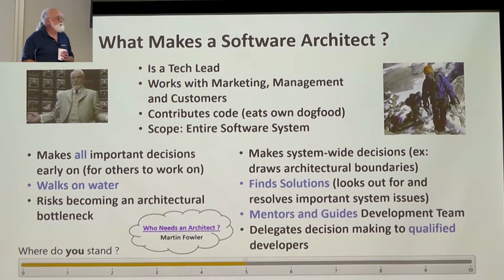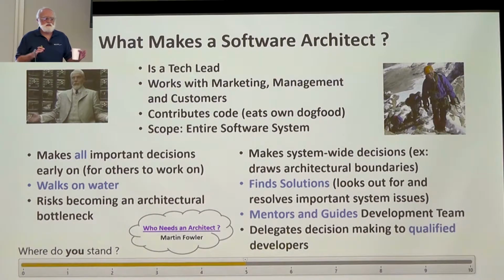And matrix architect is becoming an architectural bottleneck because he makes all the decisions and we have limited resources in our brain, while the Sherpa type delegates decision making to qualified developers because he mentors and guides them. And also if something happens with the Sherpa, one of the developers can fit in his shoes and continue leading the project.